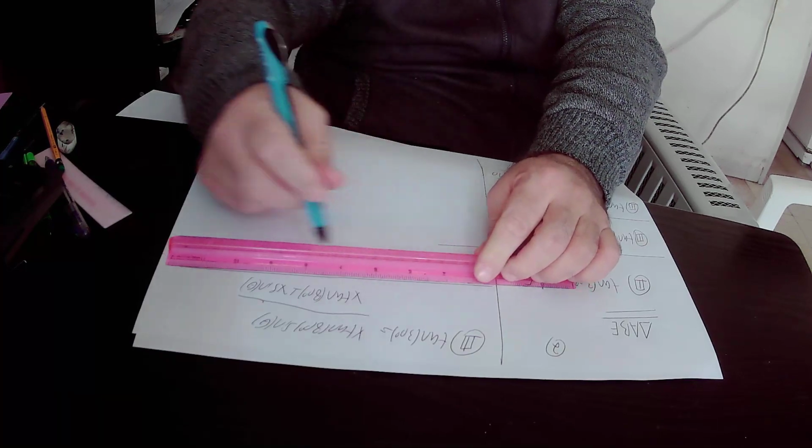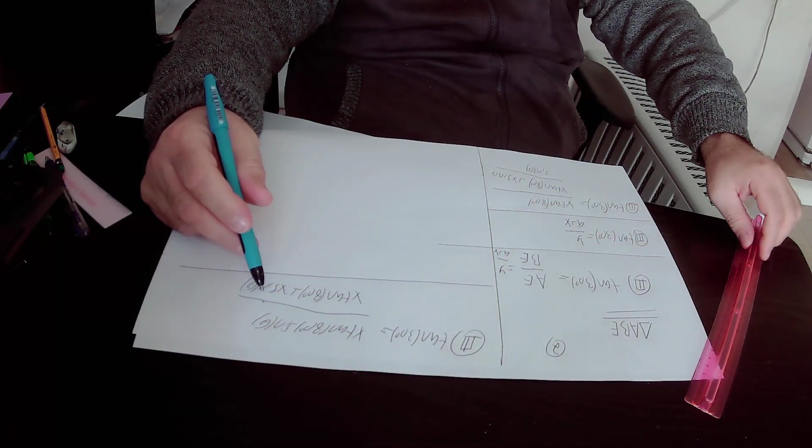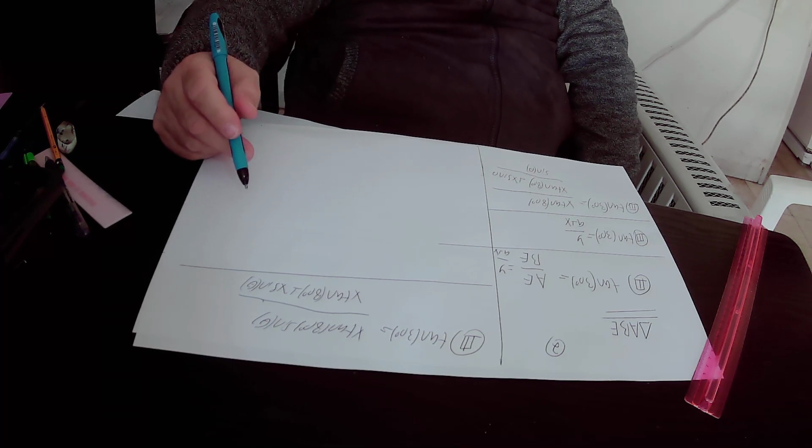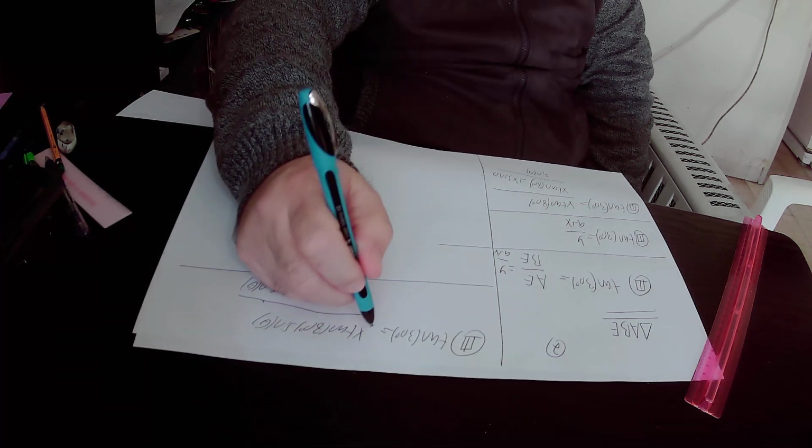Here we have x in the numerator and x in the denominator, so x will get cancelled.